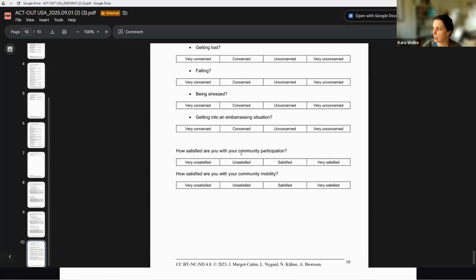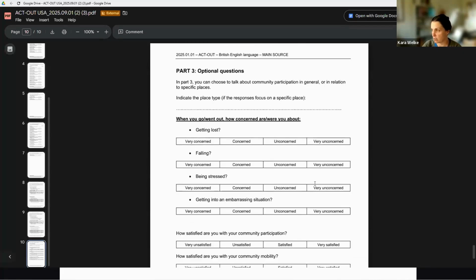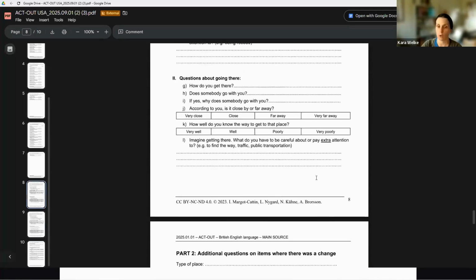And then same thing, the community participation, community mobility, again, a nice way to look at how they rated themselves from being unsatisfied up to very satisfied with that. Okay.